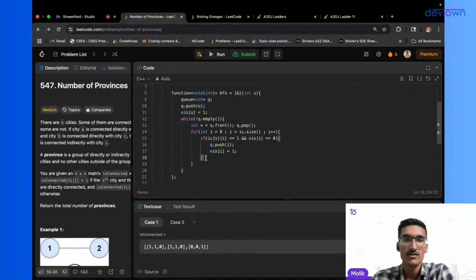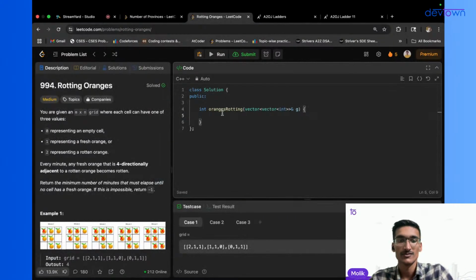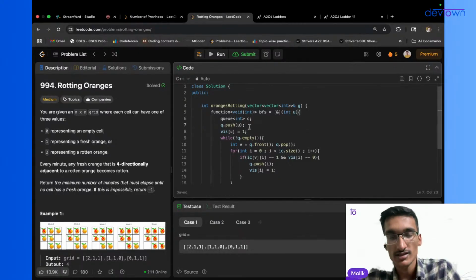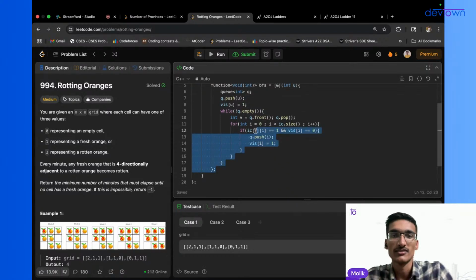We can actually take this code from here. Yep. And now we need to write the code.